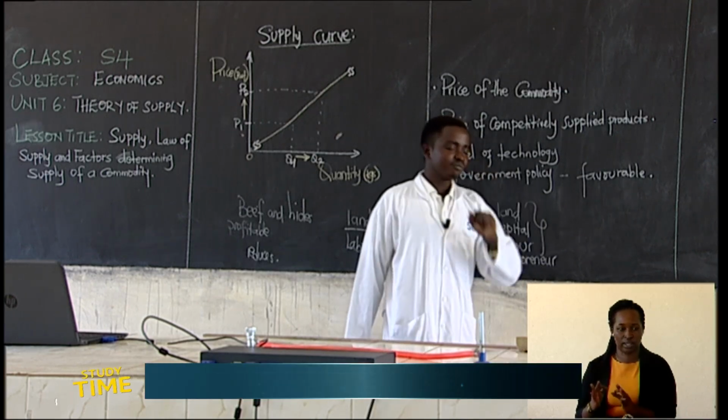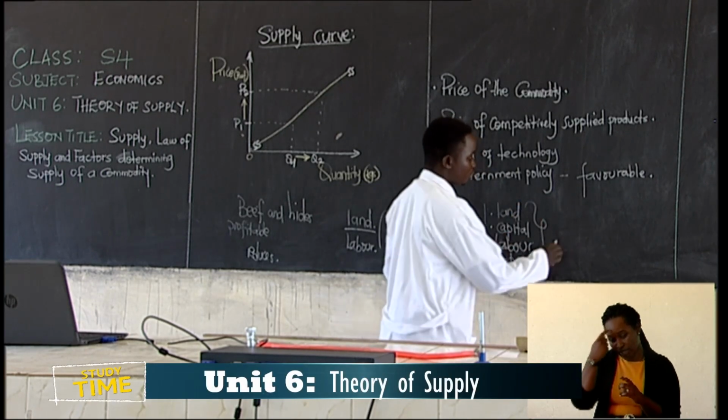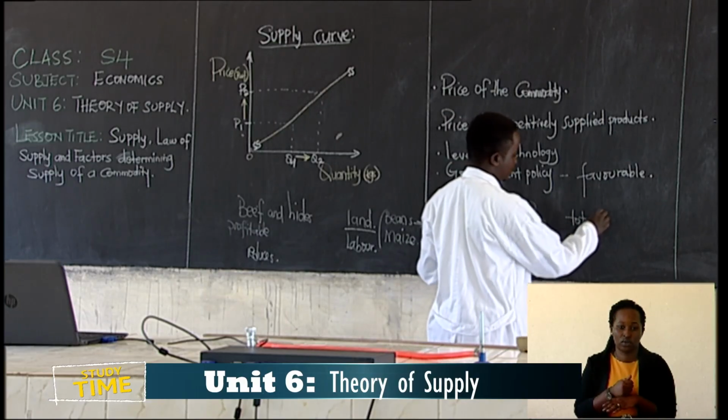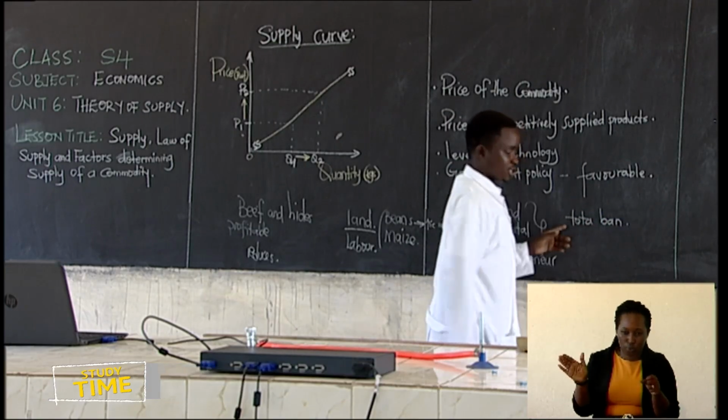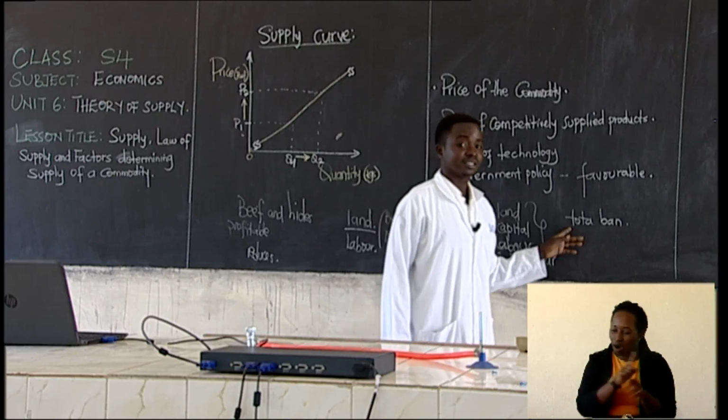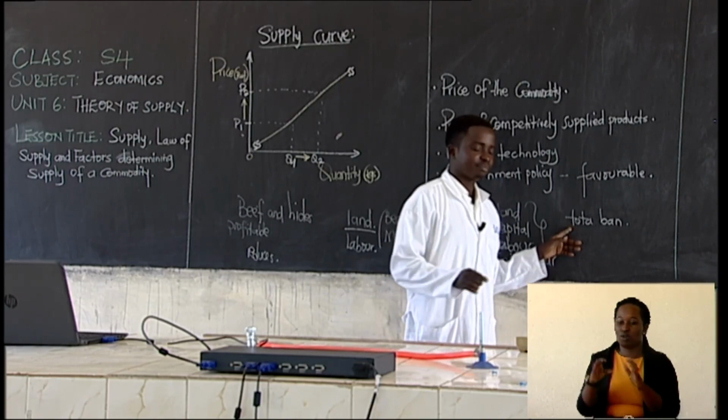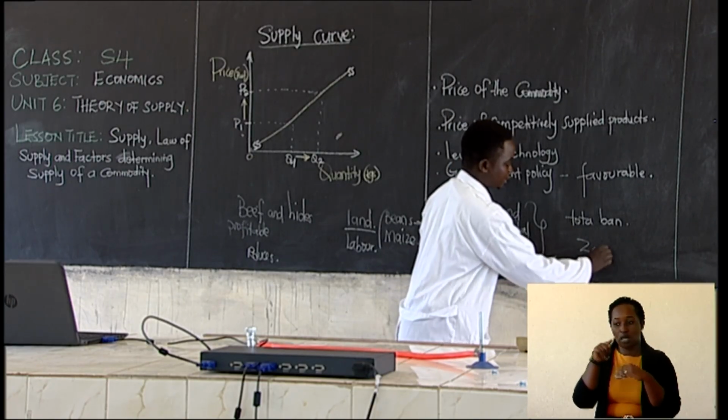But if a government puts a total ban on the production of a given commodity, that means its supply will be zero.